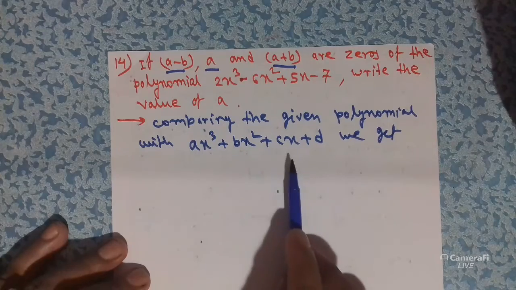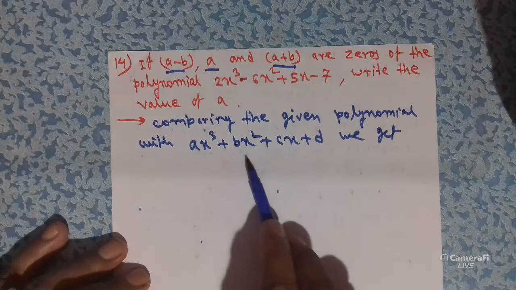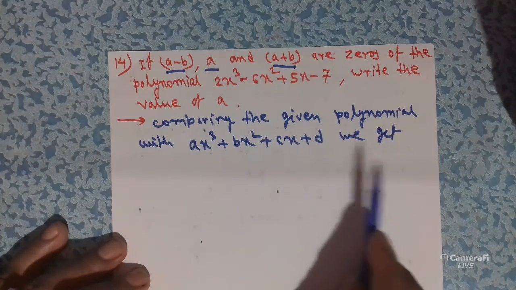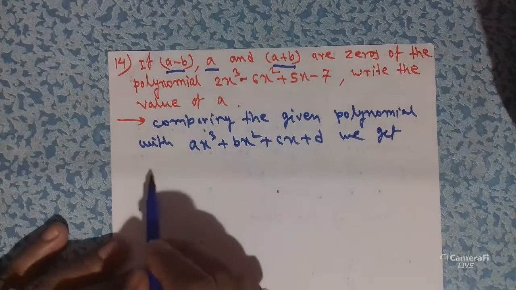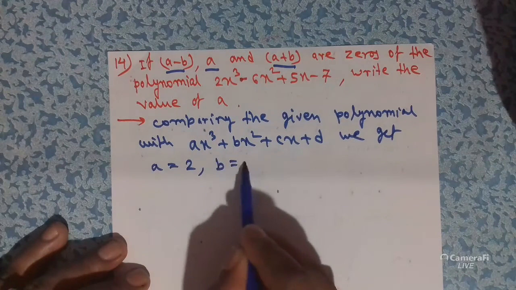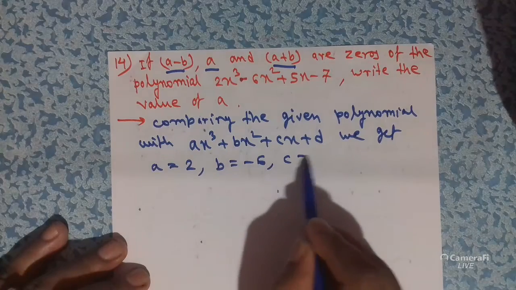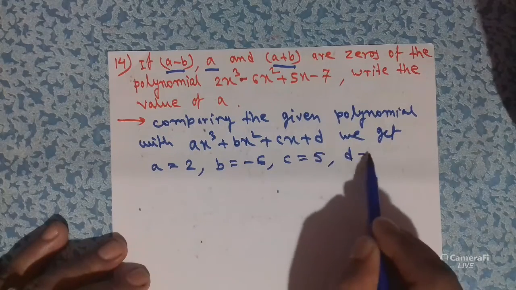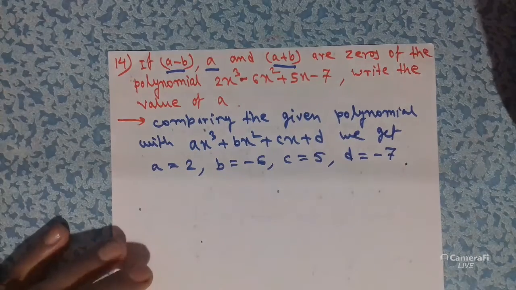We get a is equals to 2, b is equals to minus 6, c is equals to 5 and d is equals to minus 7.